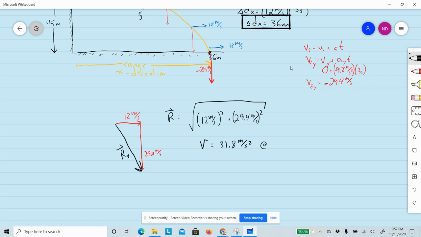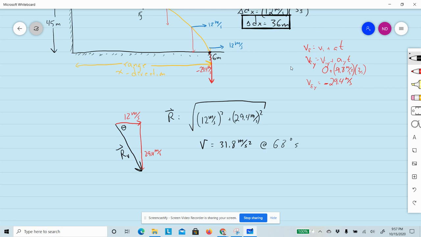And you could then figure out the angle. The angle here, what is this angle going to be? 29.4 divided by 12. Arctan of that, or inverse tan, however you want to call it. That would be 68 degrees. At 68 degrees below the horizontal.